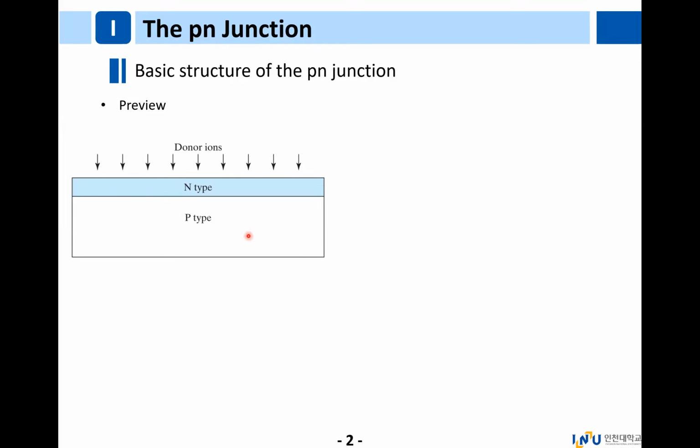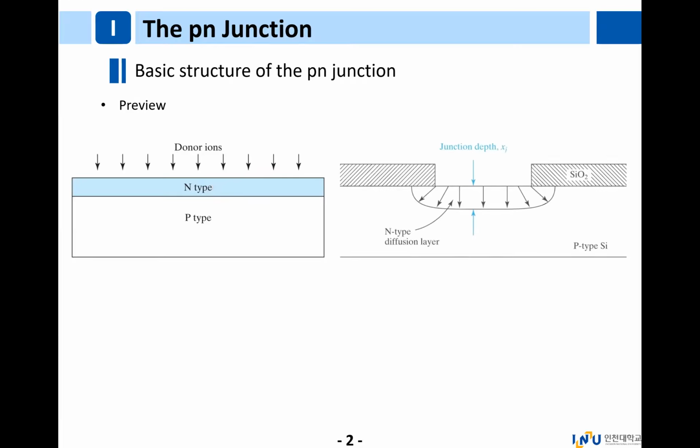Then, ionize donor ions that can create an n-type region and shoot them in the form of an ion beam onto the wafer. This process allows the donor ions to penetrate to a certain depth, forming the n-type region. This method is known as ion implantation.